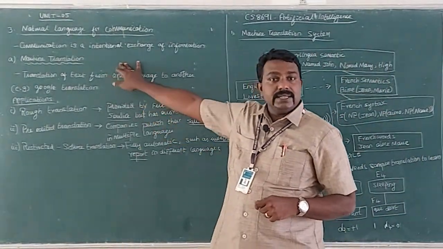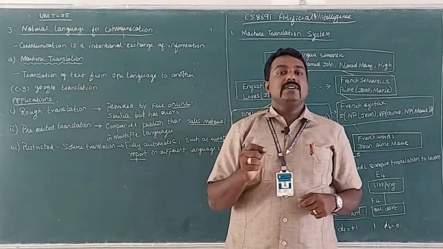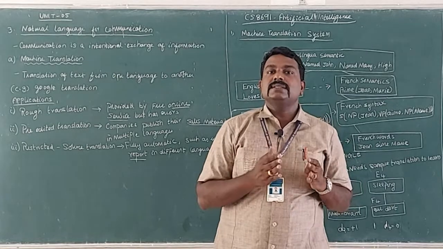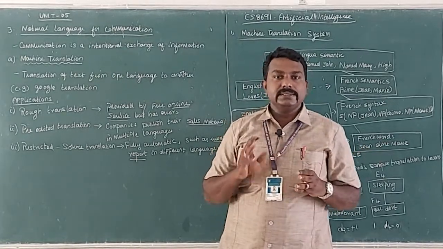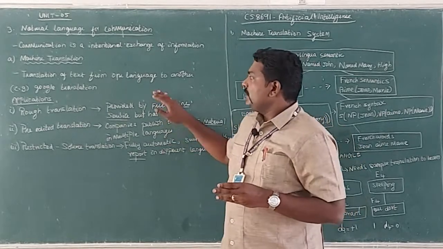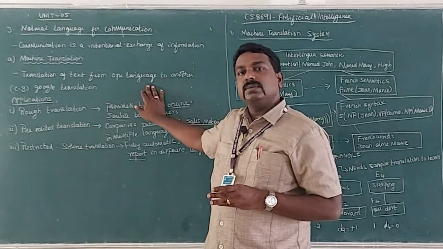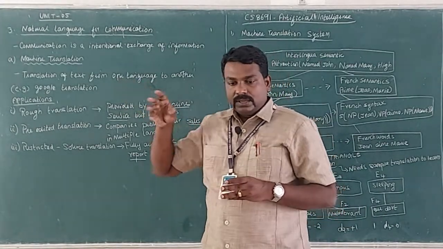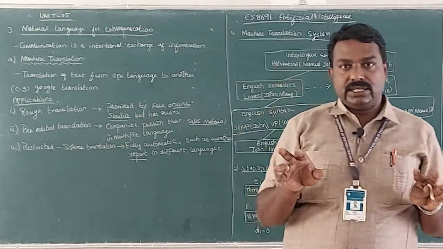As I said earlier, it is translation from one language to another. When you translate from Tamil to Hindi or Hindi to Tamil or English, you call it translation. An example is Google Translate.